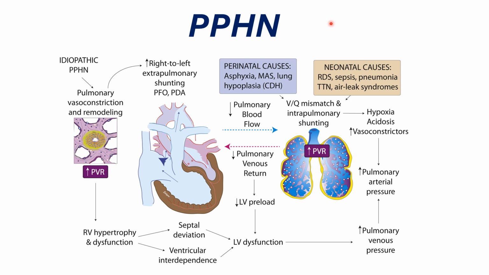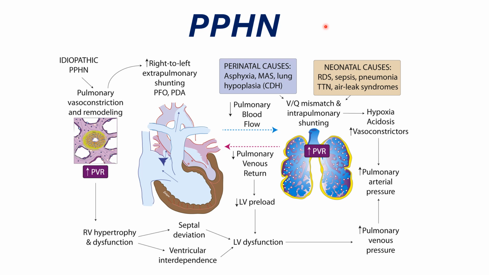However, the gold standard is echocardiography, in which we can appreciate right to left shunting across the PDA or PFO and elevated right ventricular pressure, and moreover, through echocardiography we can rule out congenital heart defects.